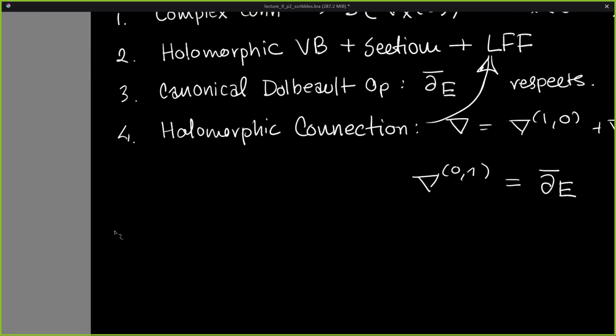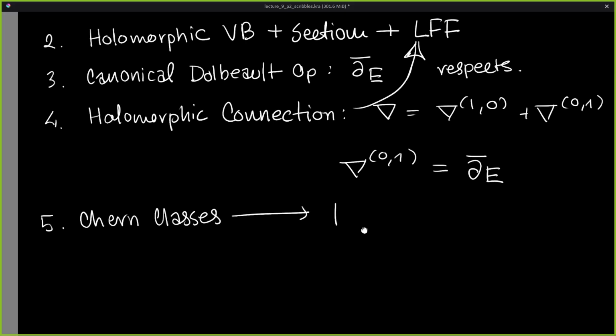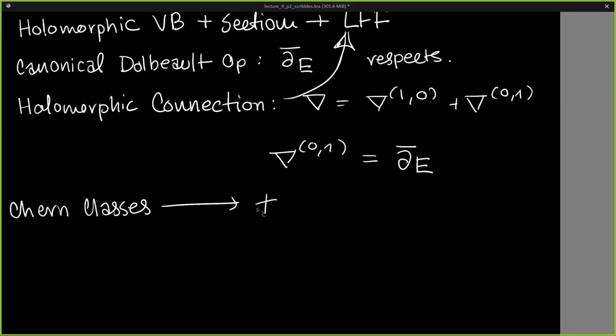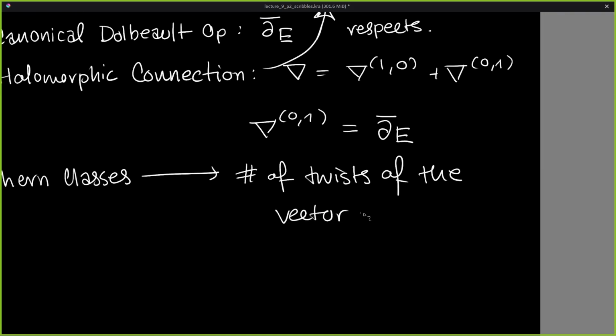So once we did that, we moved on to Chern classes. We showed that they have something to do with the number of twists of the vector bundle.